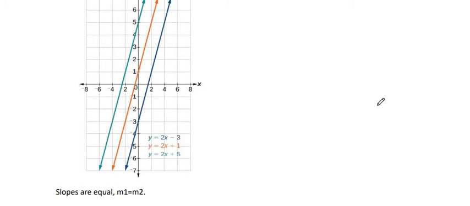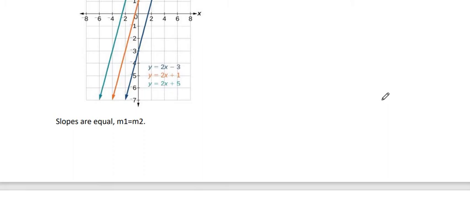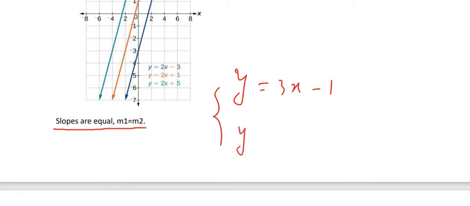So the three lines are parallel. From here we can say if two lines are parallel, the condition is that the slopes are equal. So y equals 3x minus 1 and y equals 3x plus 2 are two parallel lines, right?